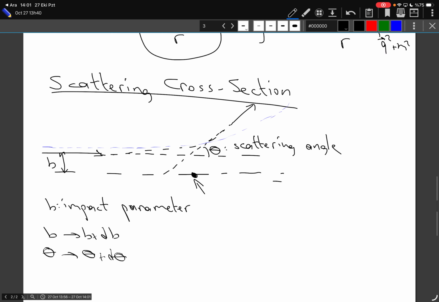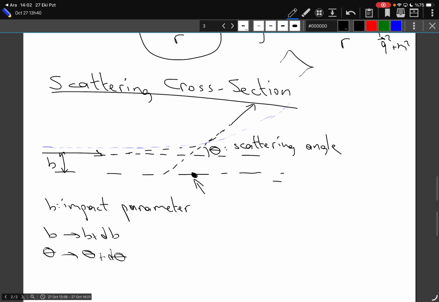Now, my detector will be somewhere over here. Or I can just put many detectors, just pick one of them. So I can ask this question: what should be the area that I should target such that my particle will scatter into my detector? Just imagine, this is your target.